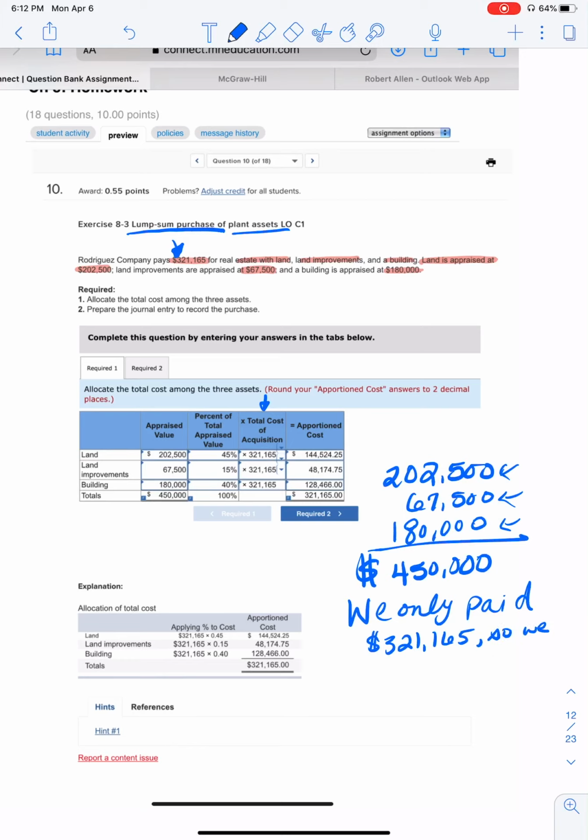So we cannot show these assets valued at $450,000.